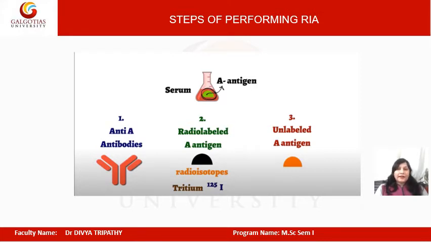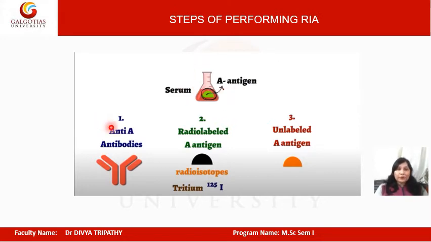In addition to these two things, the anti-A antibodies and the radio-labeled A antigen, we also need unlabeled A antigen. Again, we have to find out the concentration of A antigen in this serum. Apart from this serum, we need three extra things.